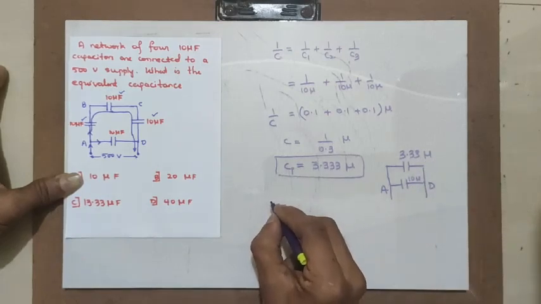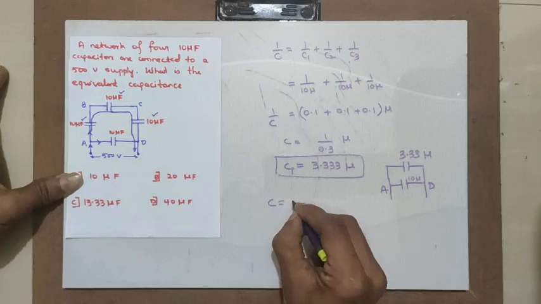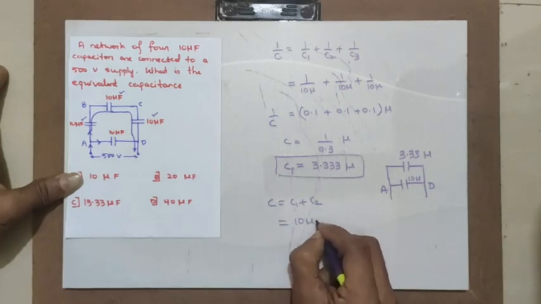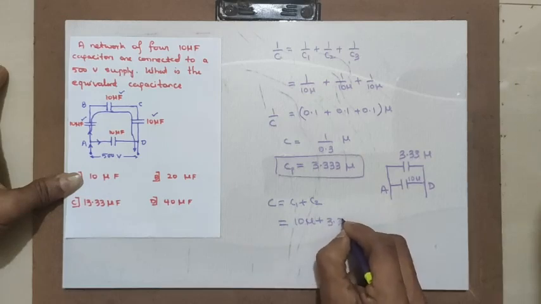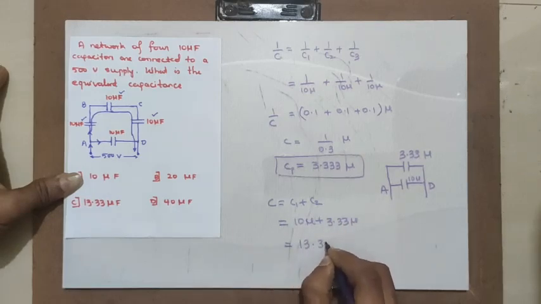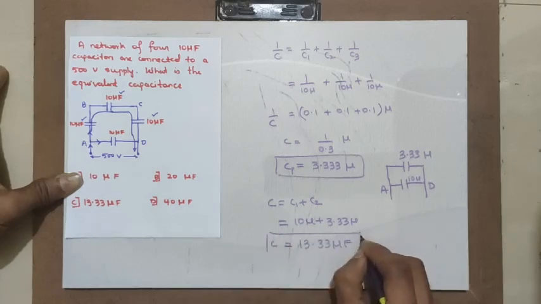You know that for a parallel combination C equals C1 plus C2, that is 10 micro plus 3.33 micro, hence it is 13.33 microfarad. This is my answer.